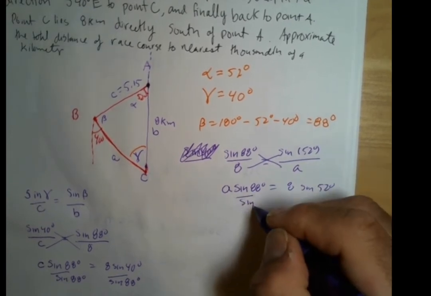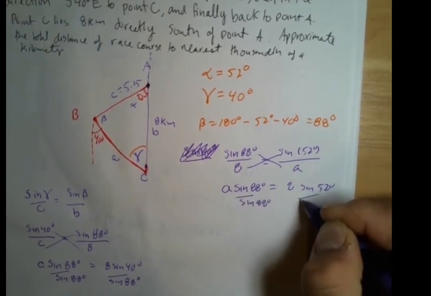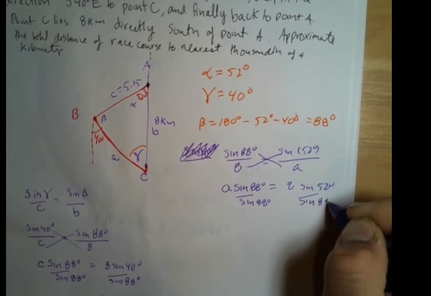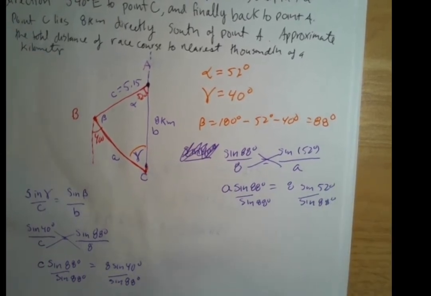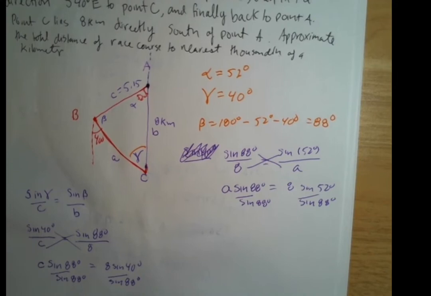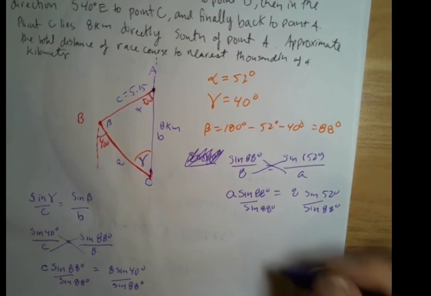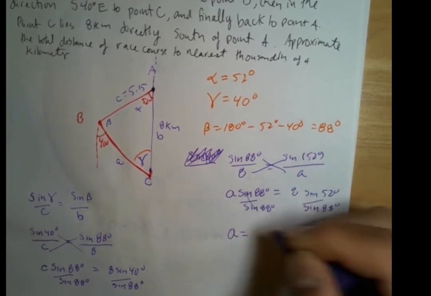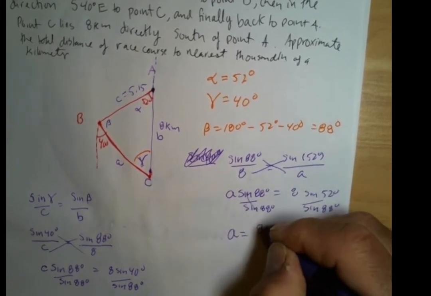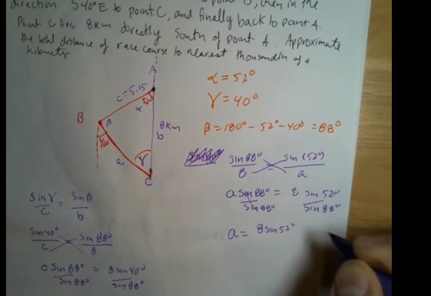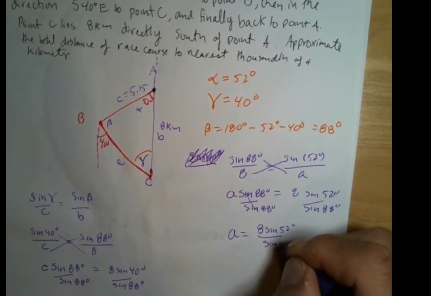Divide by sine of 88, so a is equal to 8 sine of 52 degrees over sine of 88 degrees.